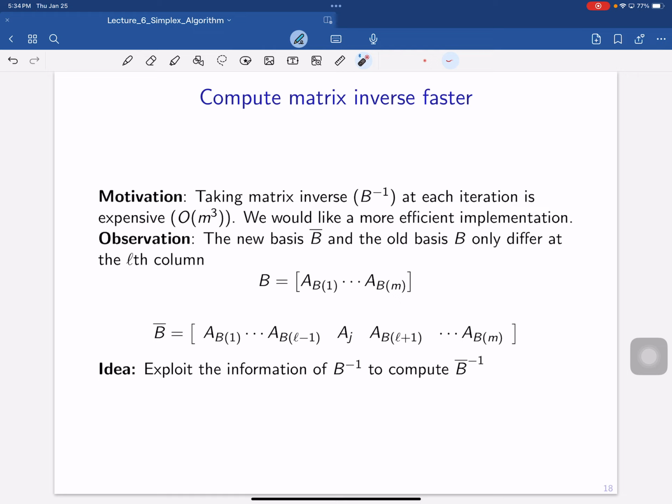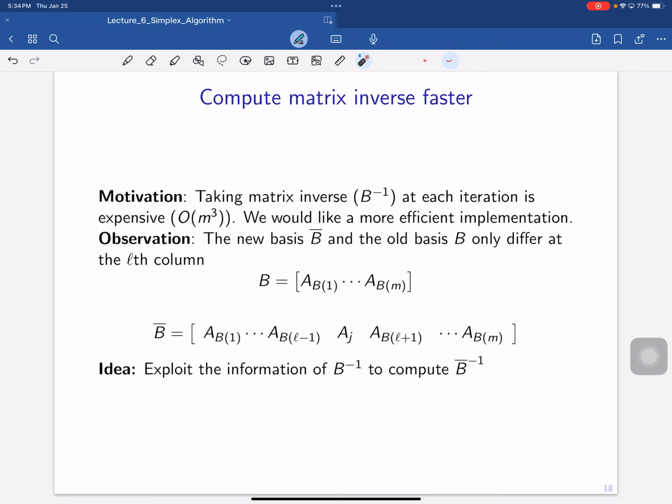That is expensive because computing a matrix inverse takes m cubed computational complexity. So in practice, people don't want to take the matrix inverse at every iteration. There is a trick that can be applied to avoid that, and then you only need m squared computational complexity.